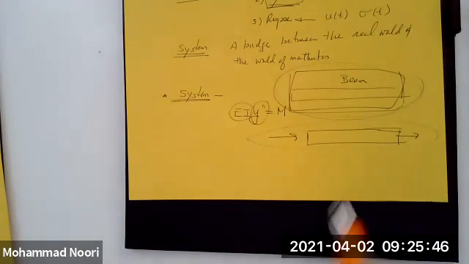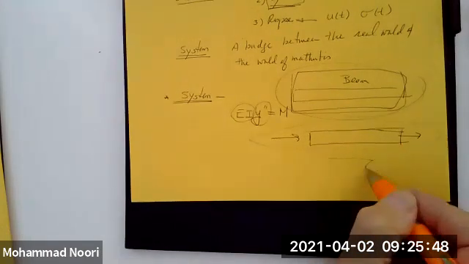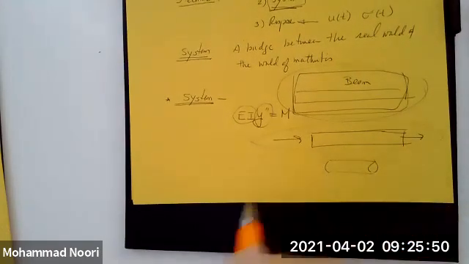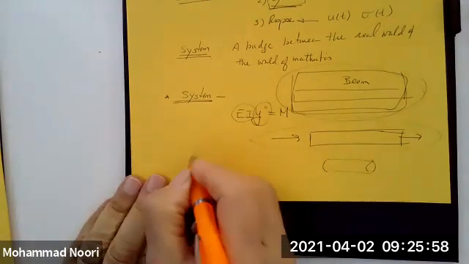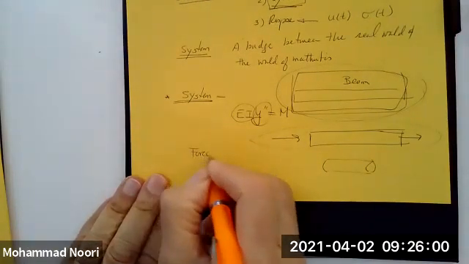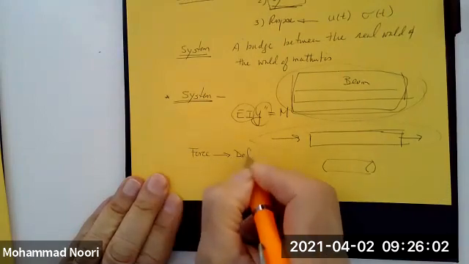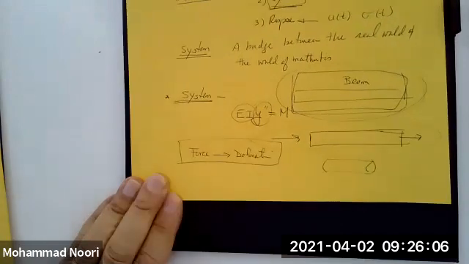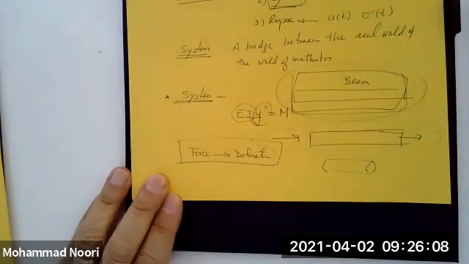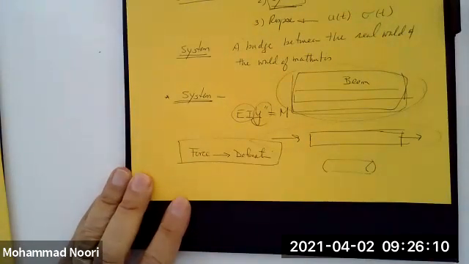But nevertheless, these were models, or even a shaft. These models could describe what we were interested in stress analysis. And that was how we can relate a force to deformation. And that was the only thing that we were dealing with in the strength of material.